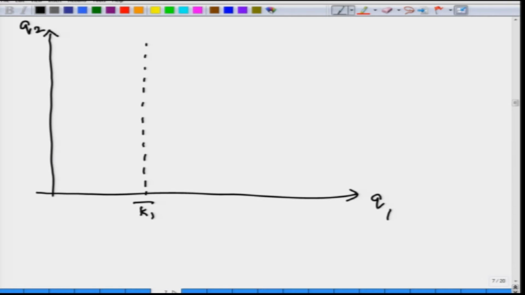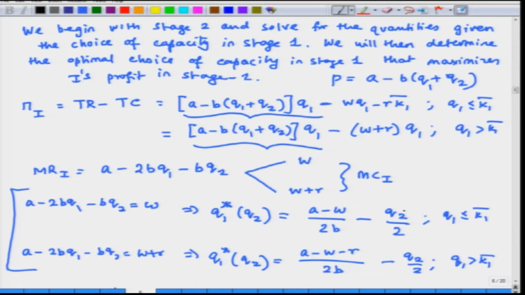So, this is when Q2 is equal to 0, the incumbent's choice is A minus W divided by 2B.